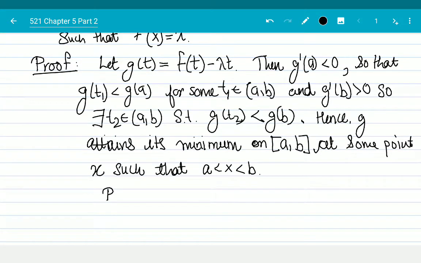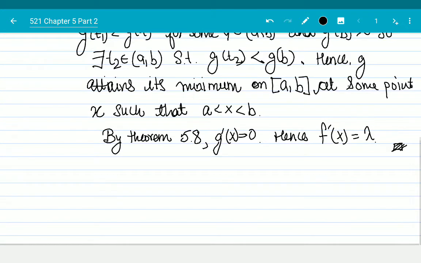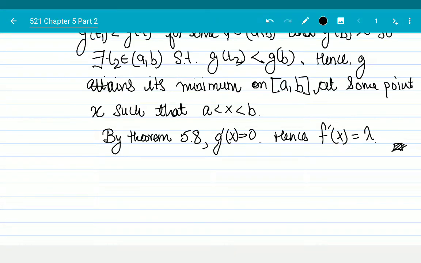Then by theorem 5.8, g prime of x is equal to 0. Hence, f prime of x at that point is equal to lambda as we wanted. Right? We are using the fact that f real differentiable implies that f is continuous, right? So even though f prime is not continuous, f is still continuous.